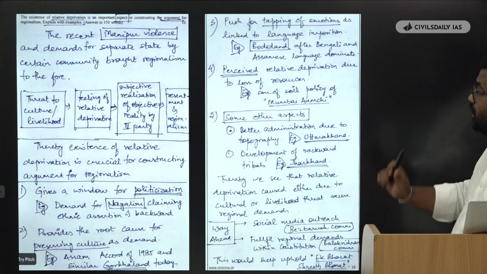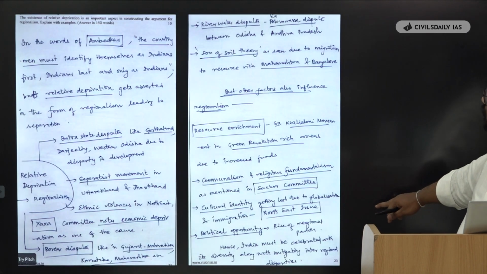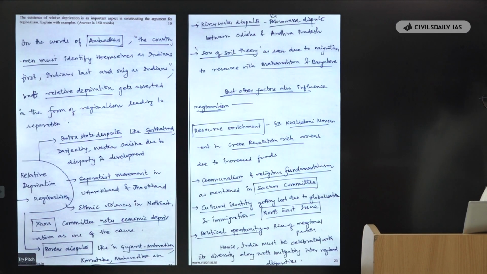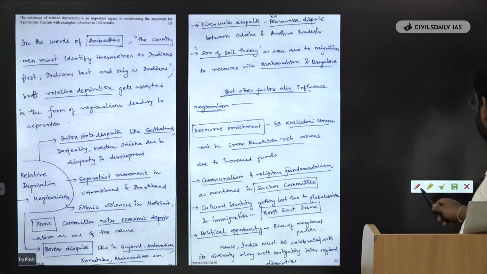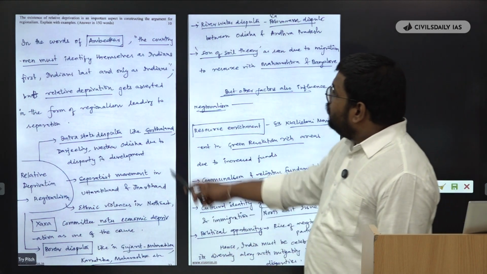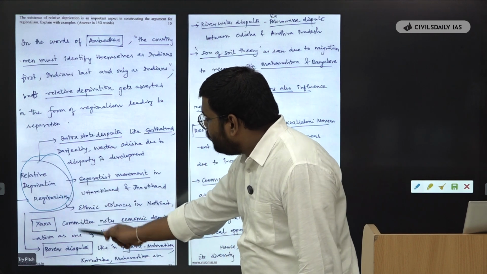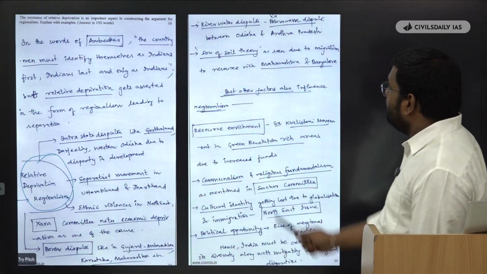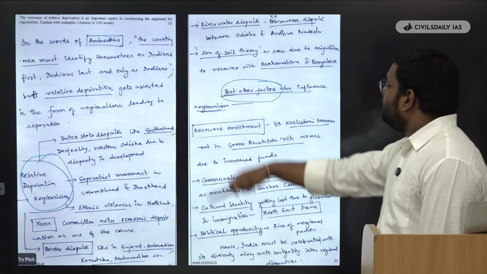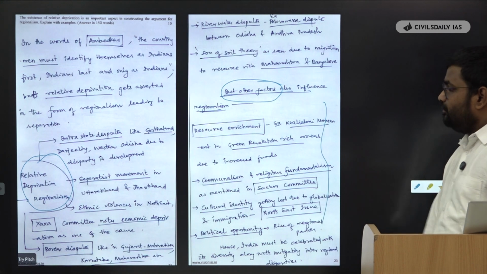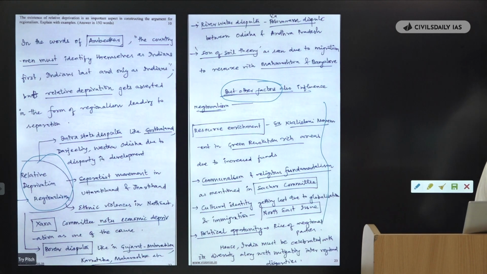Again 70-30. Same question, if you see, of Animesh. Here also, in the introduction, then relative deprivation leading to regionalism, he has explained it properly. He has also used 30% for other factors.